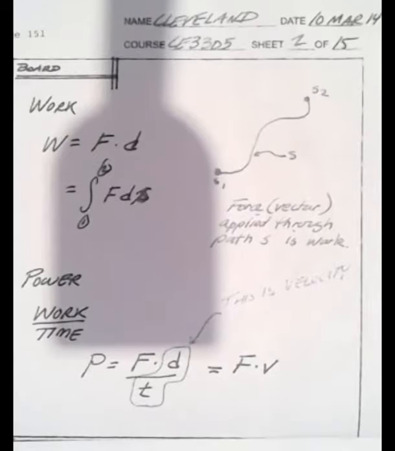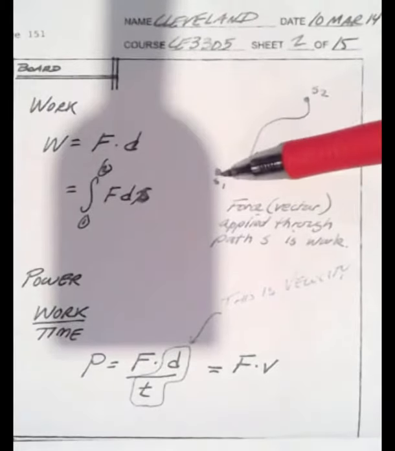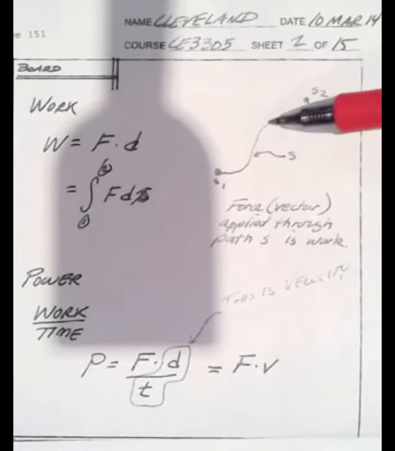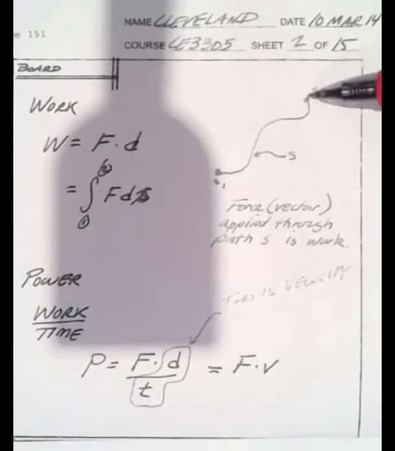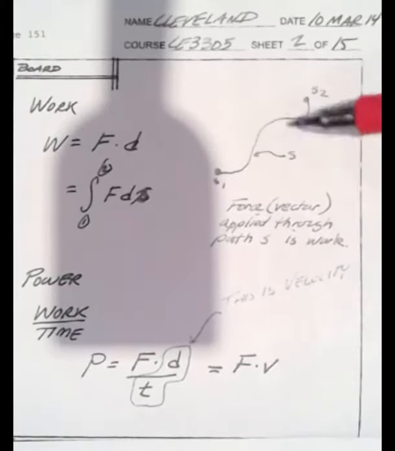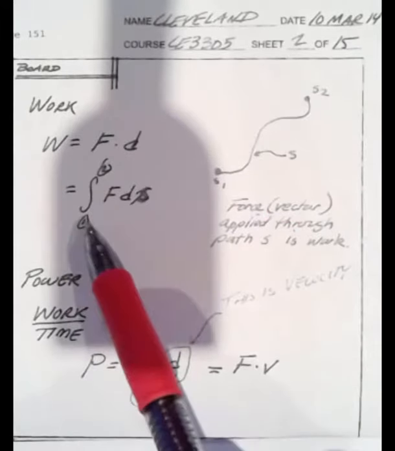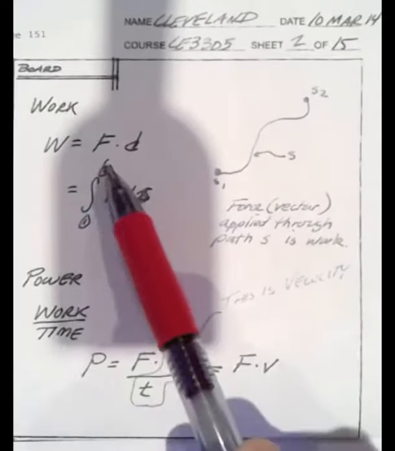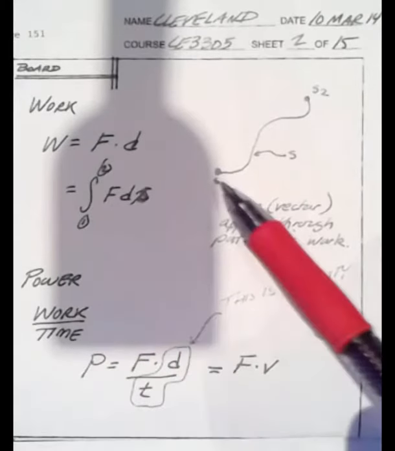Okay, work as we know it is force times distance. And if this path here, going from position S1 to S2, perhaps it's this path S for snake, the work becomes the integral from 1 to 2 of the force applied multiplied by ds.